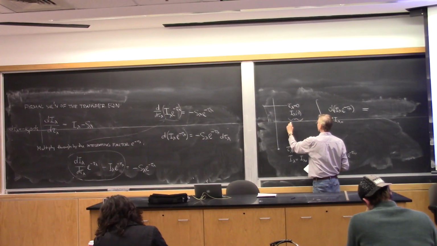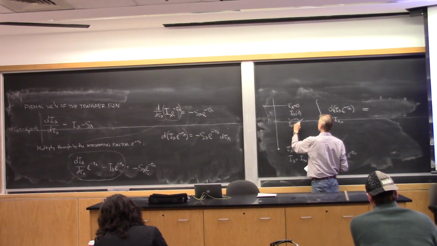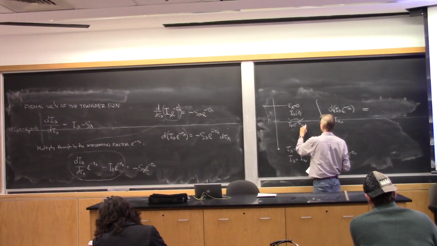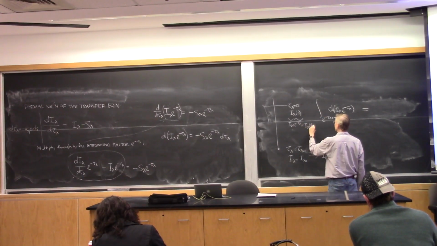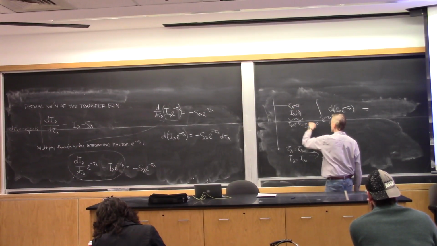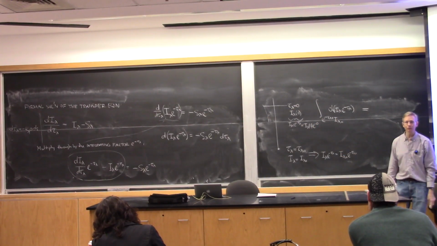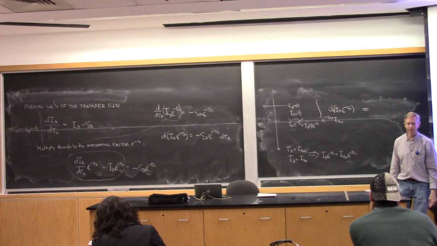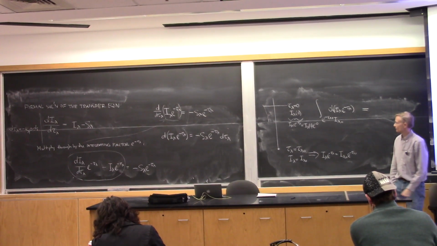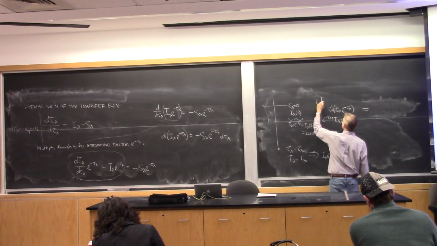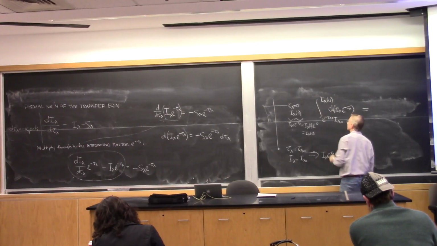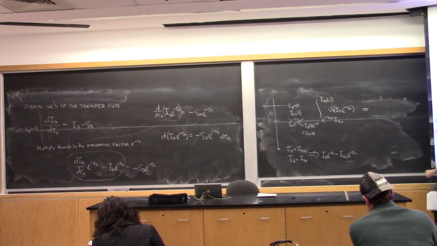Here, I lambda e to the minus tau lambda is I lambda of tau equals 0, e to the minus 0. What's e to the minus 0? 1, right? Because anything to the power of 0 is 1. So this is just I lambda of 0 up here. So my upper limit is I lambda of tau equals 0.